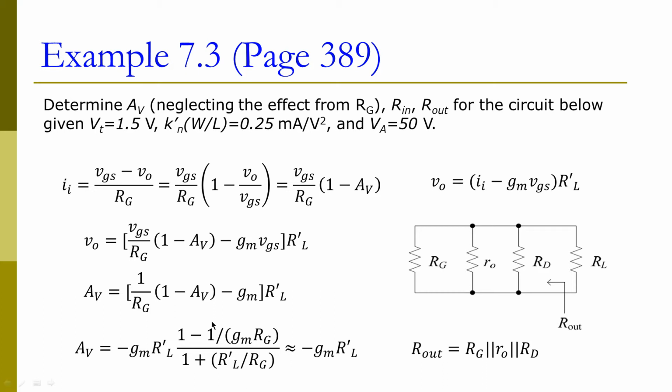If we ignore them, AV is simplified to negative gm times Rl prime. Calculating our output resistance is pretty straightforward, using a Thevenin equivalent analysis. For Thevenin equivalent analysis, this Rg needs to go to ground, and then the output resistance will equal Rg, Ro and Rd, these three in parallel.